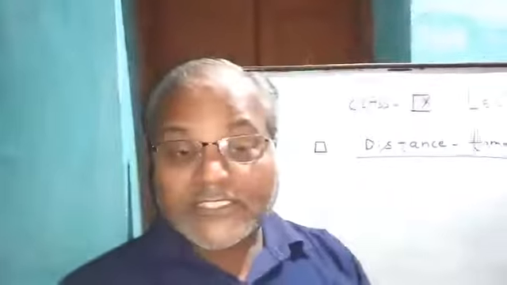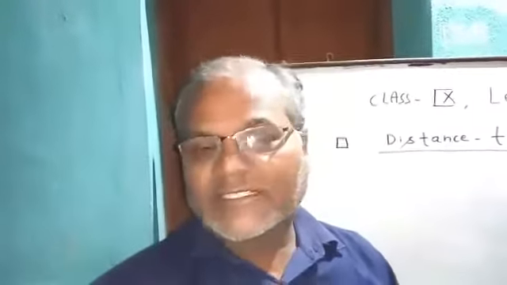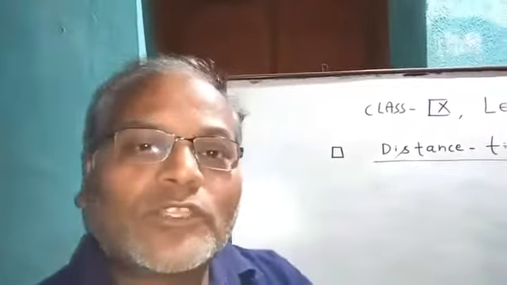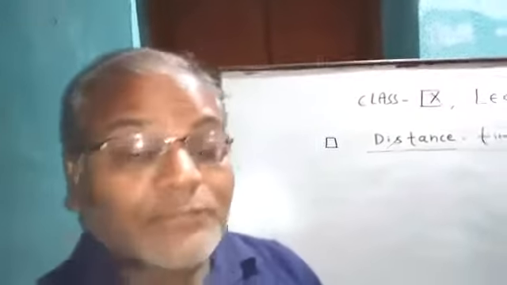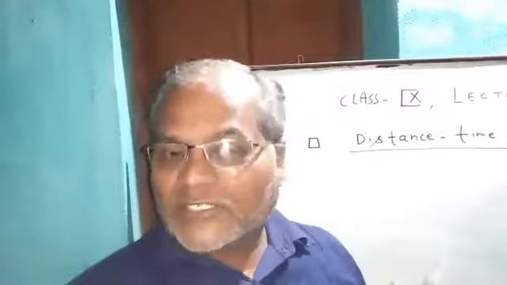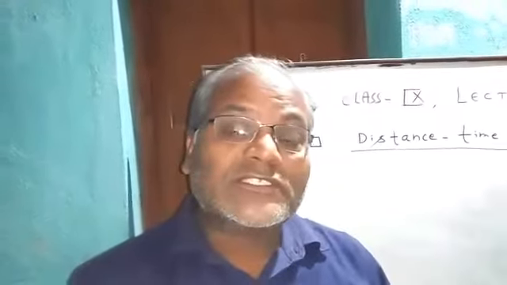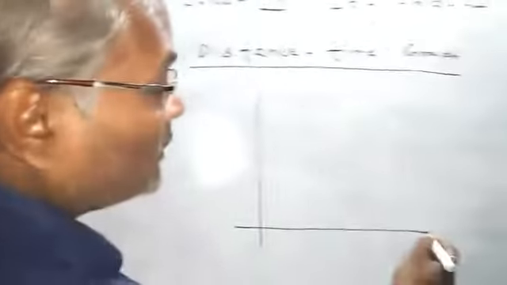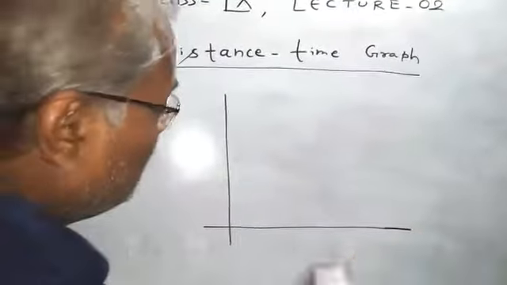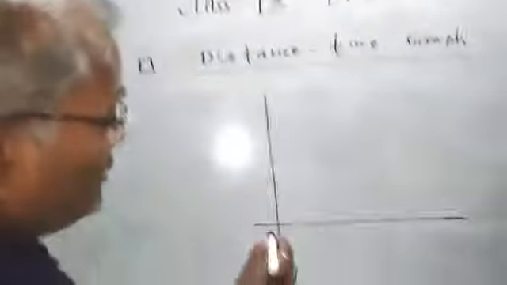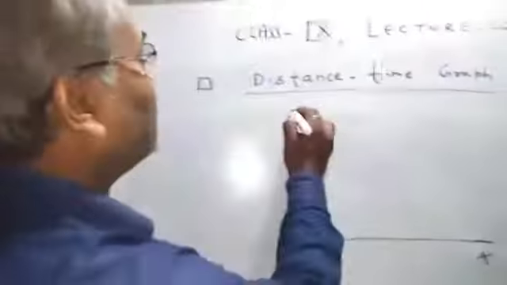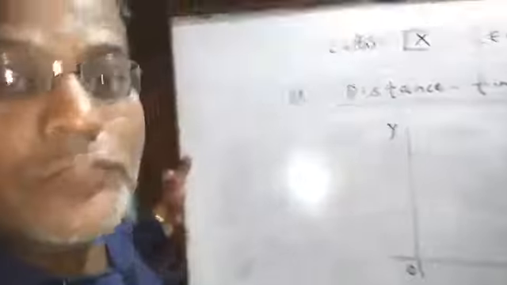Whenever the distance is plotted along the x-axis and time along the y-axis, the graph obtained in this condition is called a distance time graph. Here, in this position, it is the origin O, with x and y as the two coordinates.